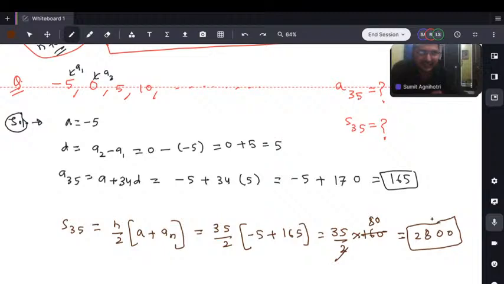If it is not in AP, you can't tell the 17th term or the sum of 17 terms. You can tell the term if it is in AP, because you know only about AP, the rules that you followed today, that is nth term a plus n minus 1 into d, sum of n terms n over 2 twice of a plus n minus 1 into d. These are there for AP only.